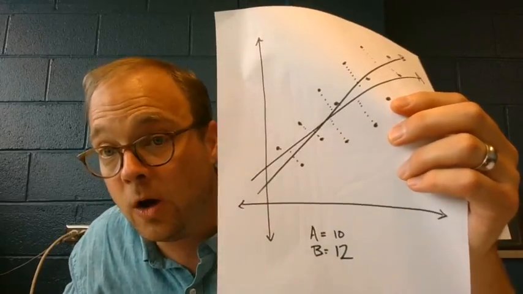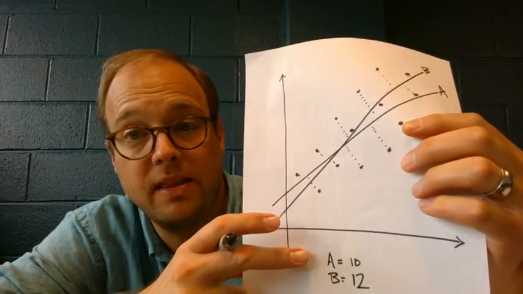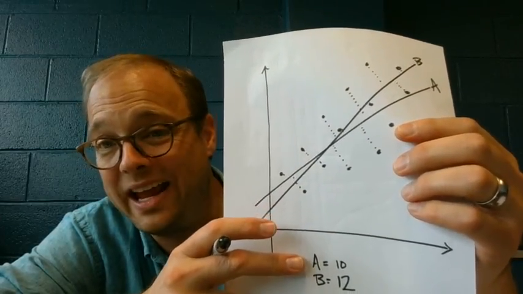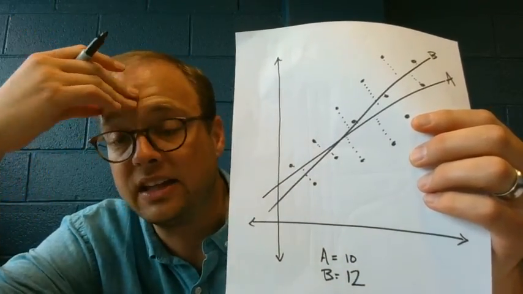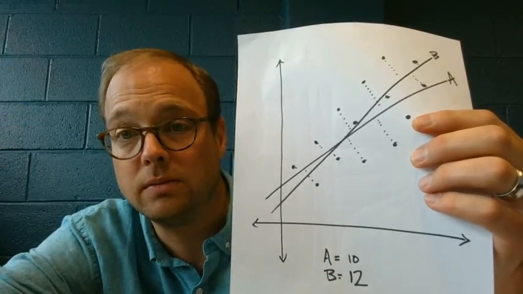Well, I know that A might not be the best fit, but A fits the data better than B because A has, hypothetically, I'm making this up as we go, a lower summed squared residual. Okay? I'm going to draw another line.